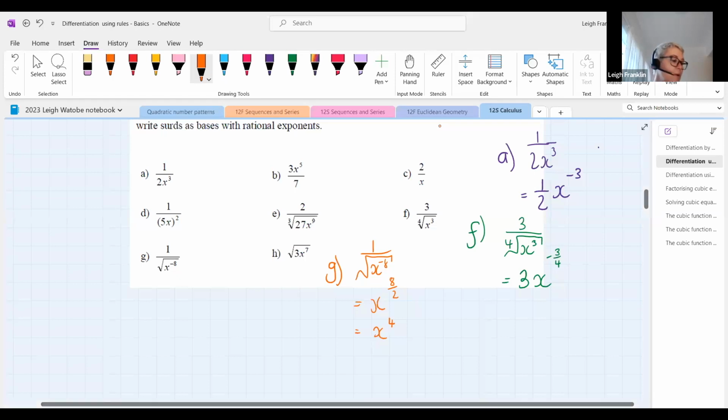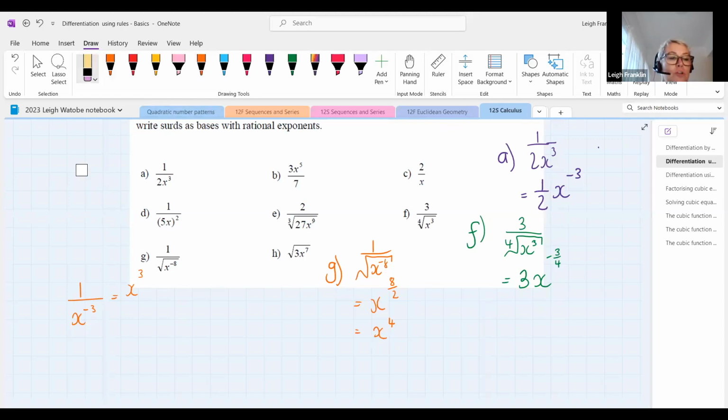Palesa, well done on noticing that it was supposed to be positive and not negative. If there is a base with a negative exponent in the denominator, for example x to the power of negative 3, I could write that as x to the power of positive 3 in the numerator. So you don't need to worry about negative exponents now.